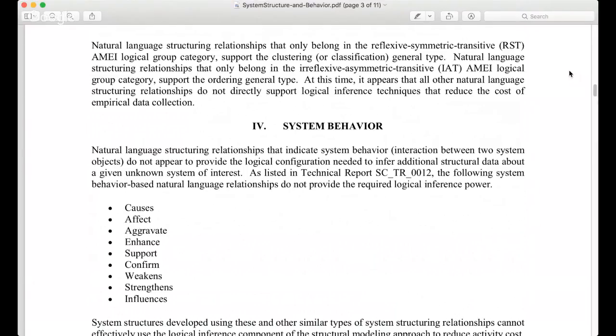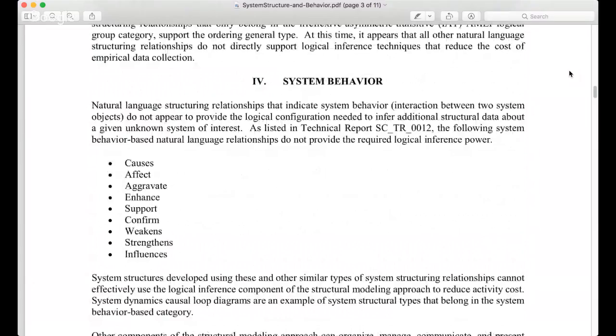And then the ones that create an order, or it's some type of structuring order relationship, which are irreflexive, asymmetric, and transitive. And so these logical groups can be associated with different natural language relationships, but we found that they work fairly well in using logic to reduce the cost by using inference.